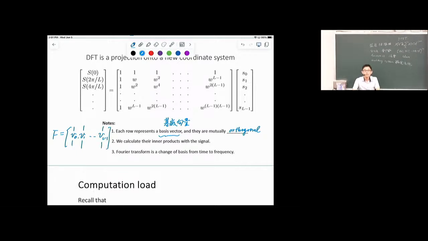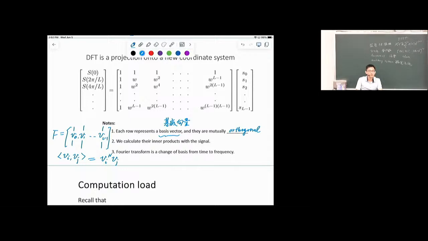So I'm saying that being orthogonal means that if you take any two different columns, Vi and Vj, and perform inner products, we need to be careful about this. When we perform the inner product, we need to take Vi Hermitian times Vj. Do we know what a Hermitian is? Hermitian is transpose then conjugate.